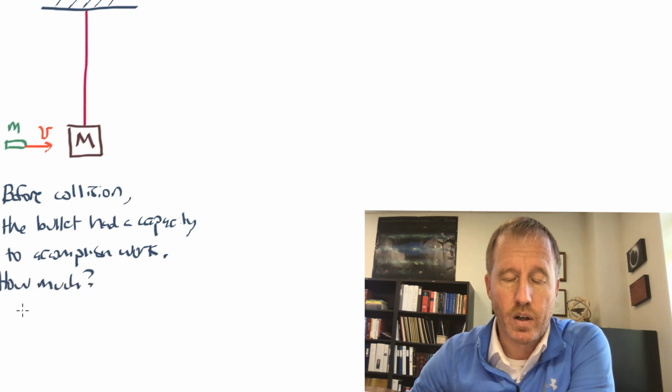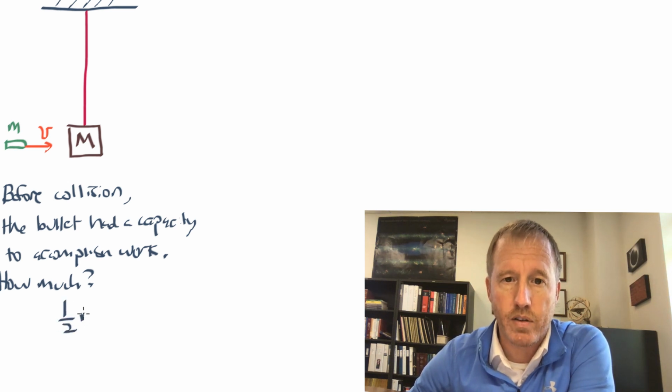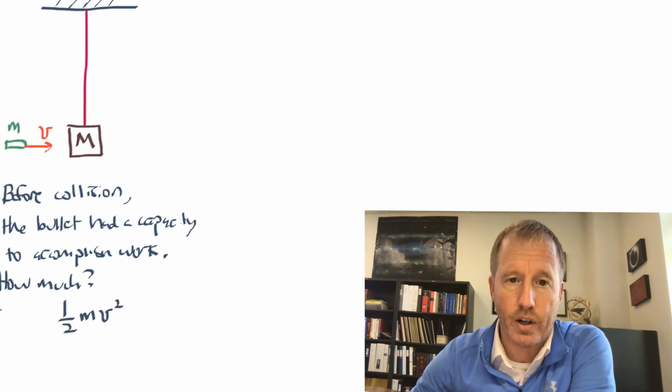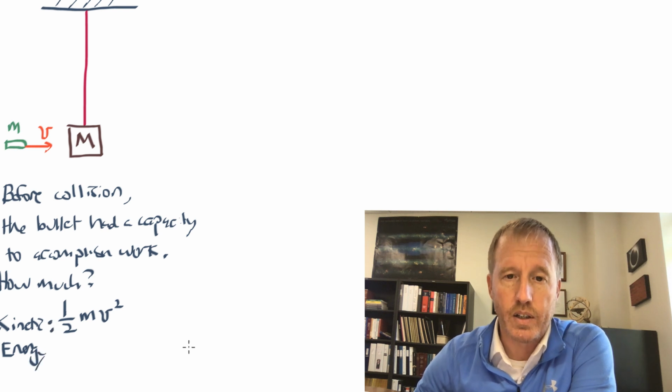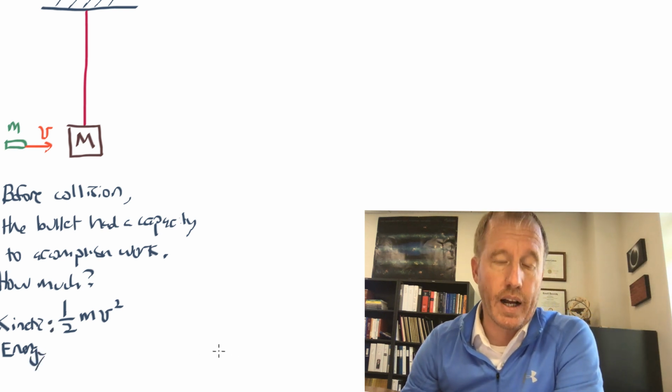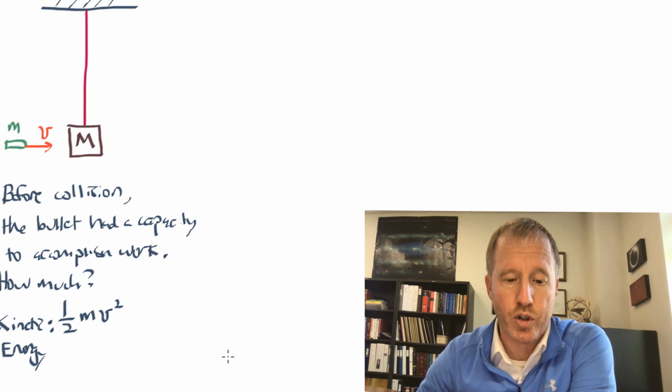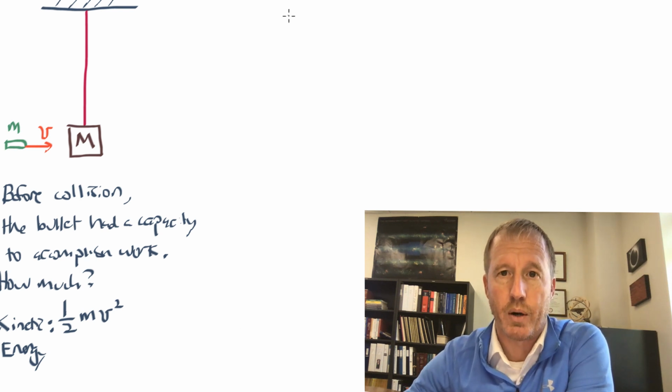Well, it could accomplish a work equal to 1/2 the mass of the bullet times its velocity squared, and that was called the kinetic energy of the bullet. Remember, the word energy, etymologically, is the work inside, en erg, the work inside of it by virtue of its motion, so it's able to accomplish that work.